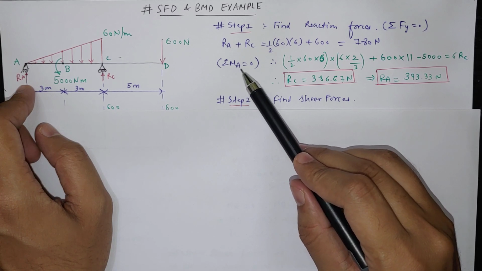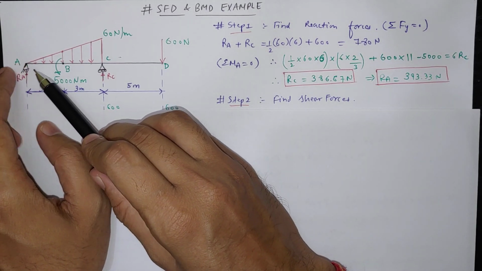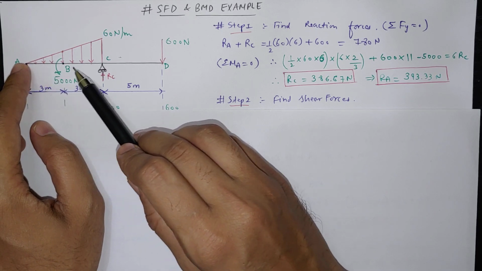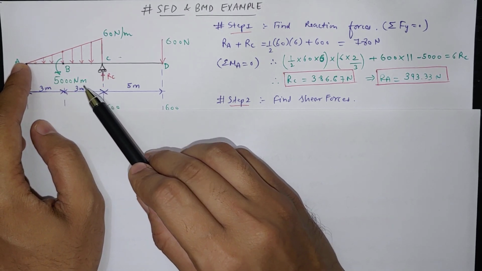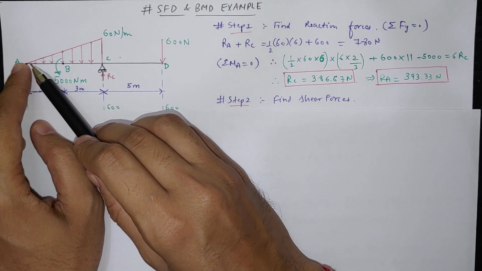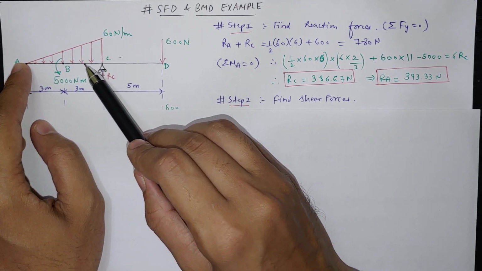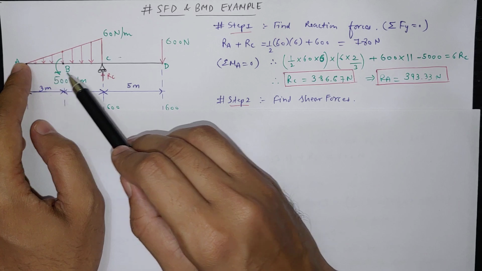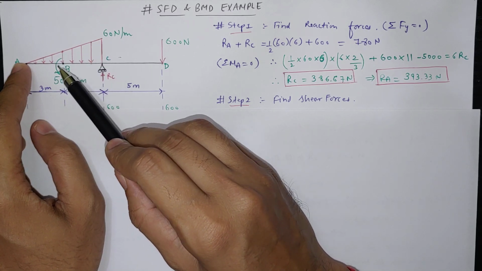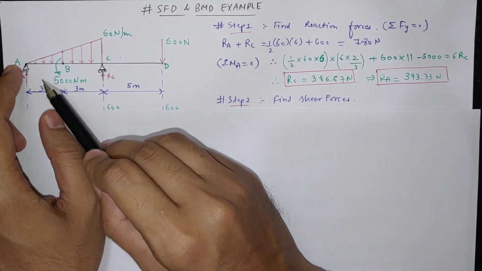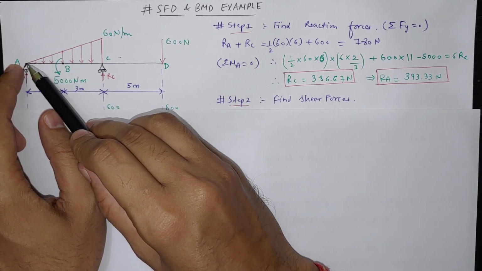Now summation of moment at A equal to 0. So if you see, first we have to calculate moment for this triangular area. So this varying load, we have to calculate moment, and if we take its equivalent force, then it will be acting at 2 by 3 distance from this 0 force.